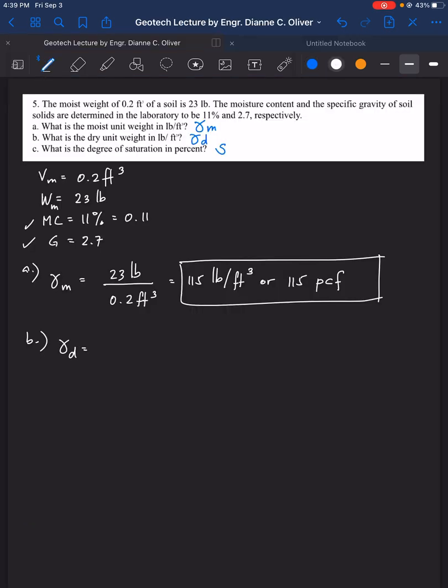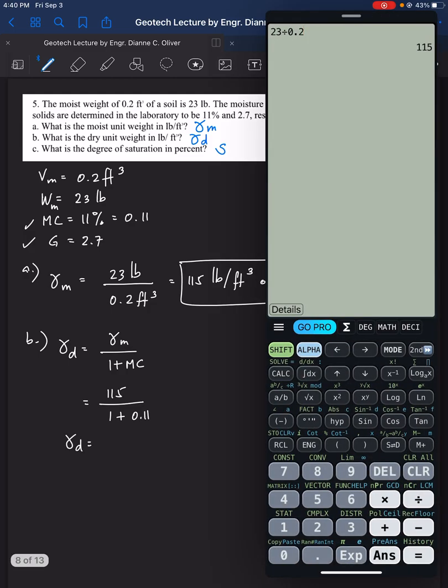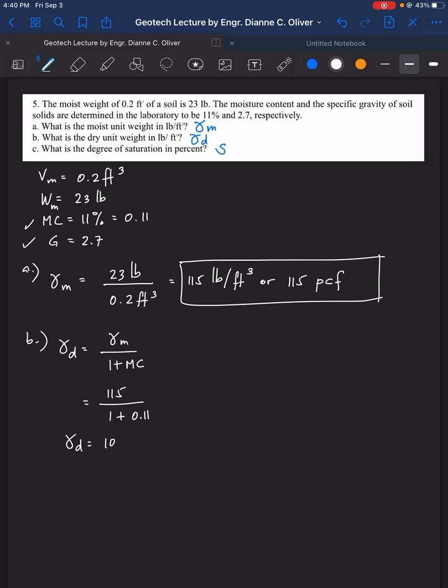So gamma D is equal to gamma moist 115 over 1 plus 0.11, which is 115 over 1.11. So 103.6 pound per cubic foot, or PCF.